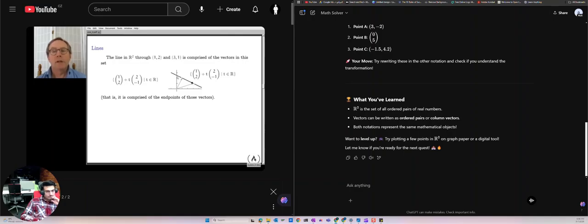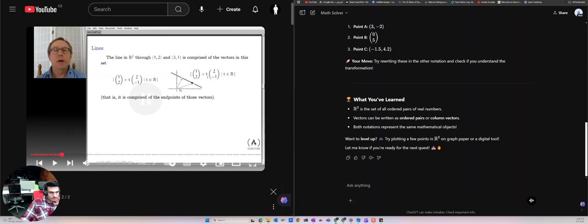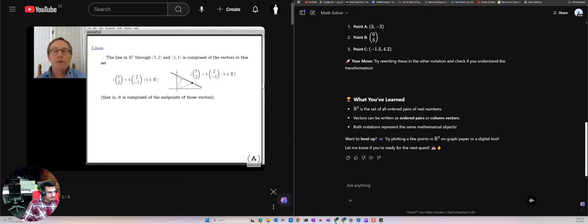Okay, and then of course this line, the dark line, is comprised of the endpoints of vectors that have this form for various t's. T equals 1, t equals 2, t equals 0, t equals minus 1, t equals minus 2. Okay? All that stuff is, I hope, familiar from previous classes.